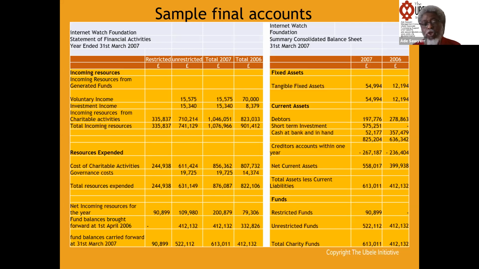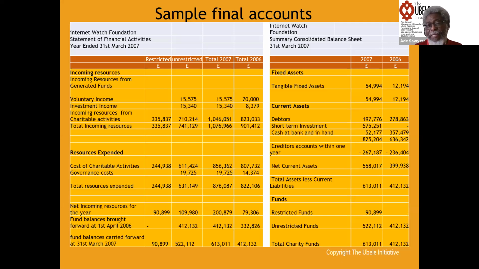Most accounts show what happened the previous year, and that's mainly for comparison purposes. So for this particular organization, the fund balances that they are carrying forward is £412,000 around from 2006. And in 2007, they have made funds of 613,000 almost to carry forward into the next year.